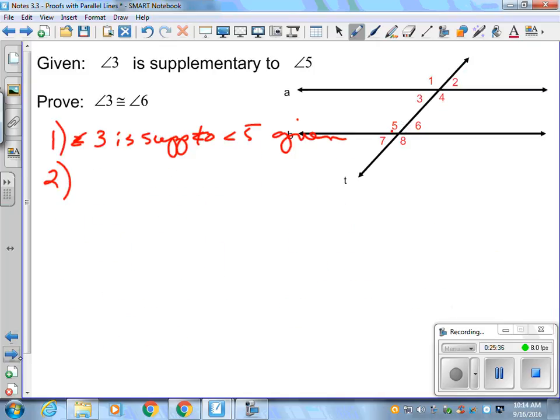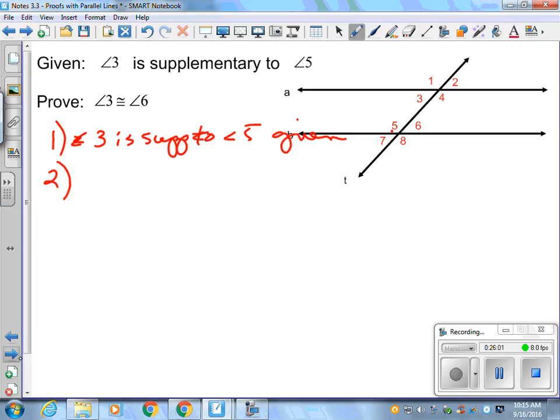So since I'm given something that's supplementary, it might be helpful if I had another supplementary. The reason is that we could look at the equations of the supplementary angles and see what we could do with them. So if you've got one supplementary, you might want to find another one. So I think your idea about the 5 and the 6 might be a really good place to start, and then we'll see where we can go with it.